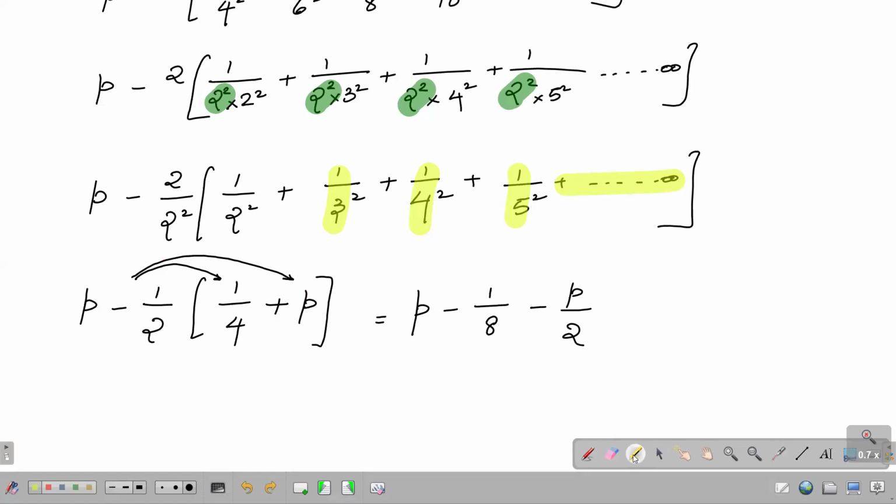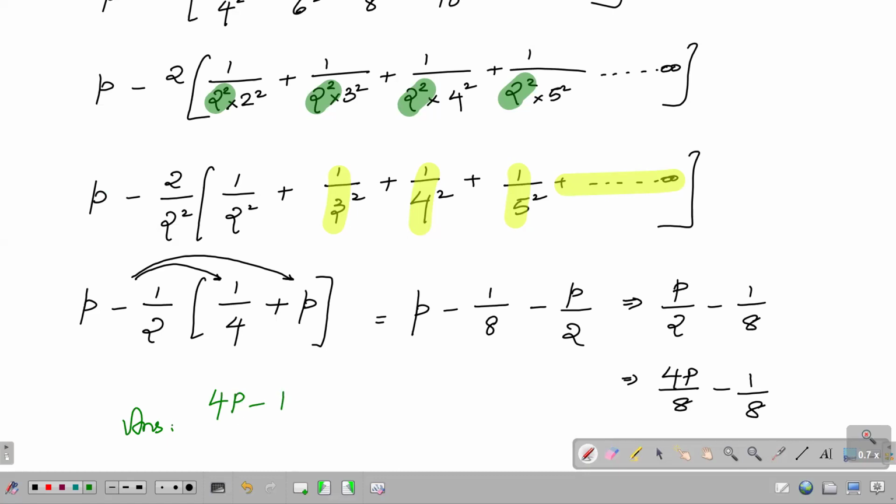Now please observe. You have something like P minus P by 2. What is P minus P by 2? It is equal to P by 2. So we have it as P by 2 minus 1 by 8. This P by 2, you can convert it as 4P by 8 minus 1 by 8. And here we go, my final answer comes in front of you. This answer will be 4P minus 1 whole divided by 8.